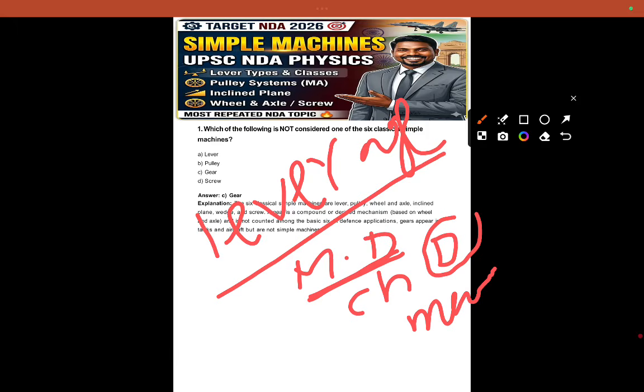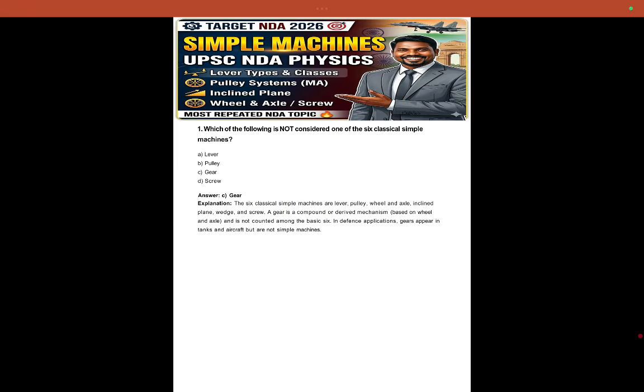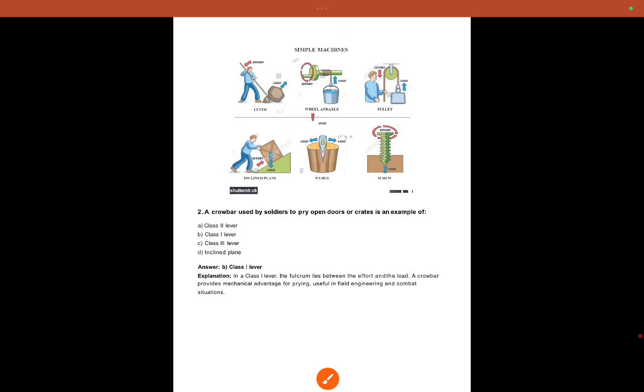They work in a simple way by conserving energy. They work on the principle of conservation of energy. See, this is the most important thing in simple machines. Based on the principle of conservation of energy, simple machines work.